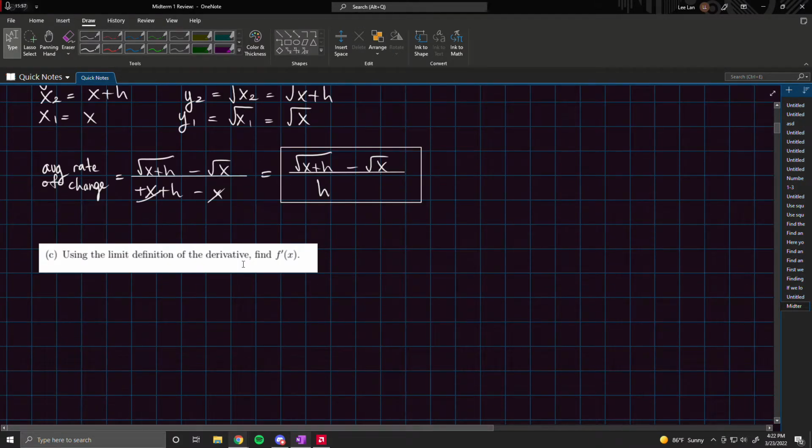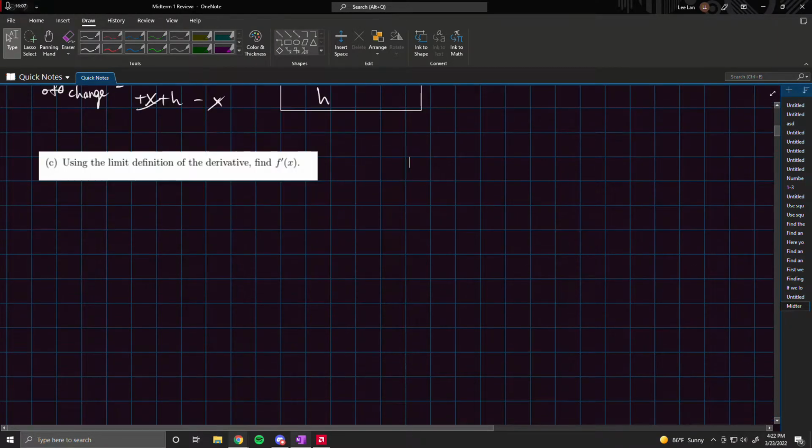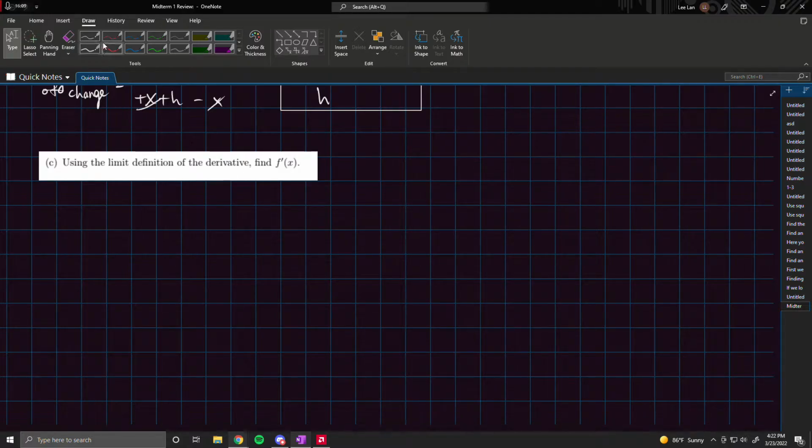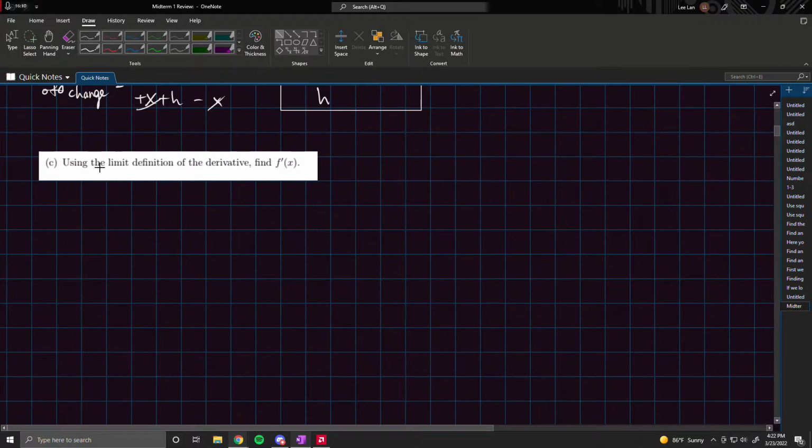Okay, let's go on to C. Use the limit definition of the derivative. Find f prime of x. Let's see. Limit definition of the derivative. This is one of those formulas that we should know.